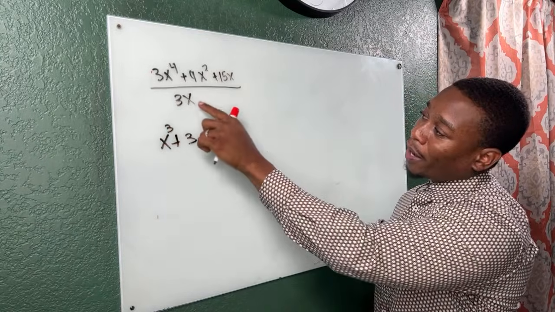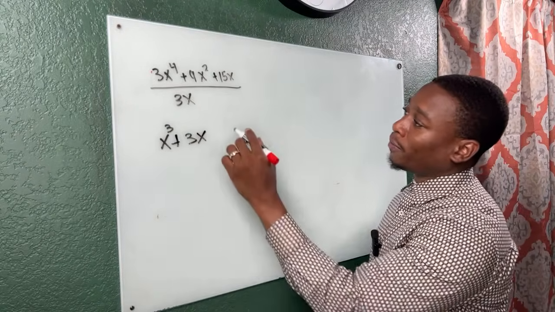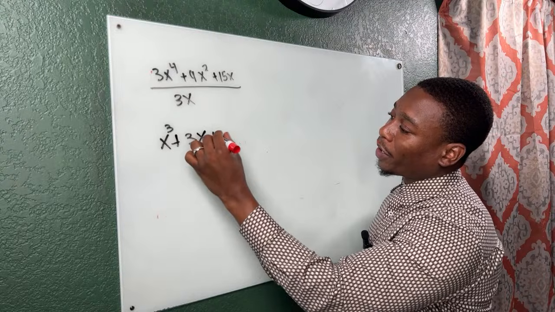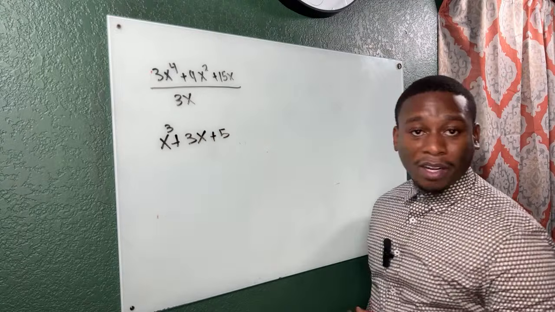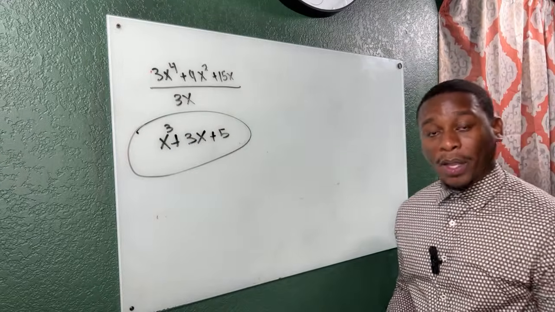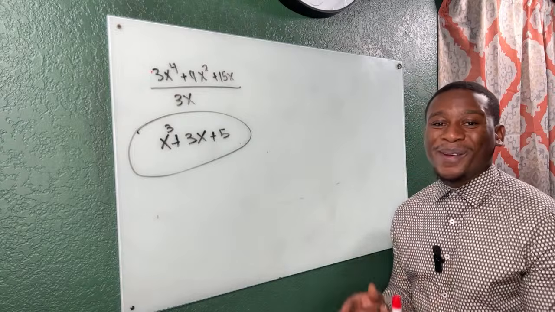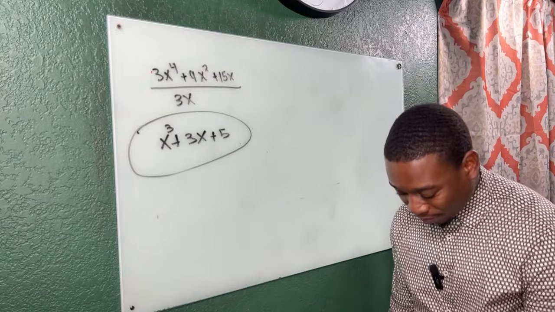X squared divided by x, that's x. And then 15 divided by 3 is just 5. X divided by X cancels out. This should be our final answer. Okay, so simplifying polynomials, you have to remember your exponent rules.